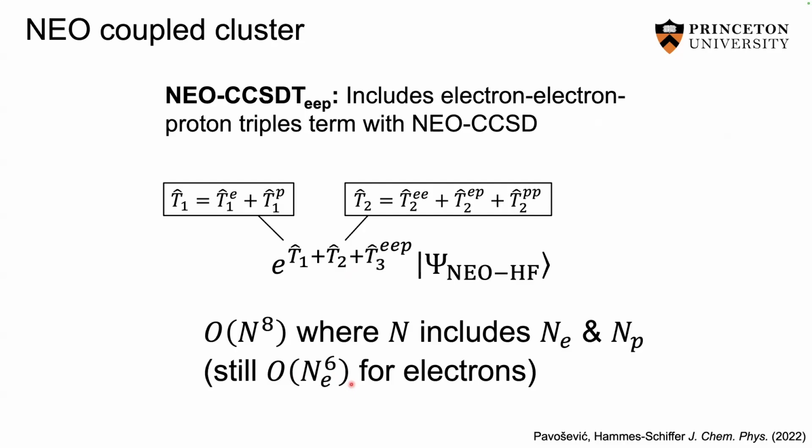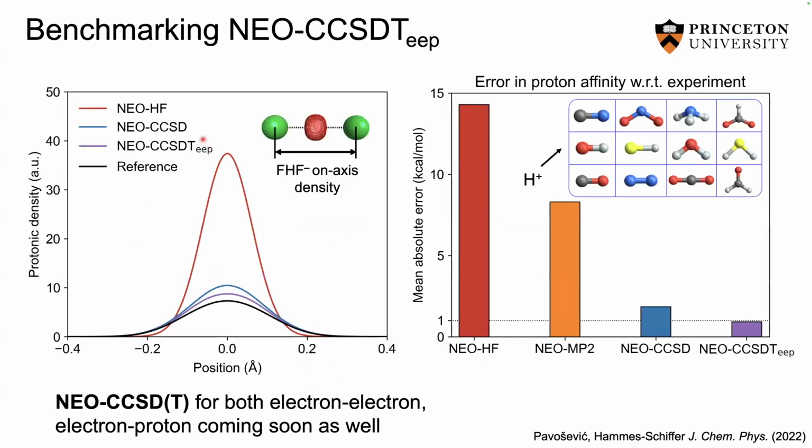So as is often the case, we have one quantum proton and many quantum electrons. In that case, more or less, the limiting factor is the electron-electron part, which is still N to the 6th. So this is a way of capturing more quantitatively the electron-proton interaction while not blowing up the cost of the entire method. So what happens when we introduce this triples electron-electron-proton interaction?